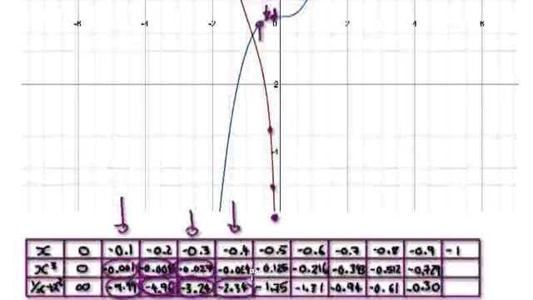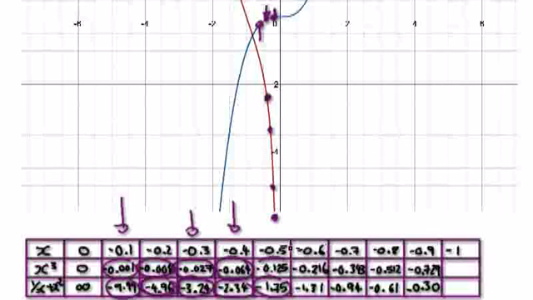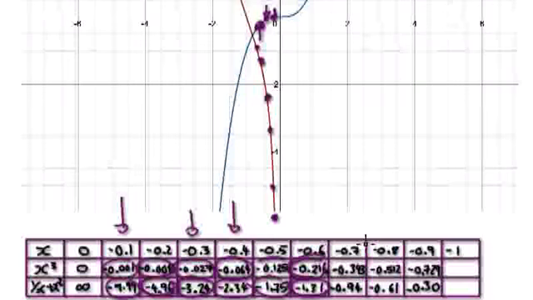The red line is lower than the blue line. If you look at 0.5, the red line is still lower than the blue line, and the same at 0.6.